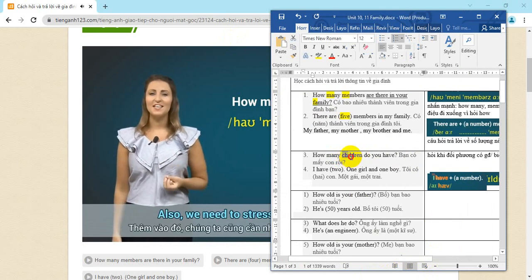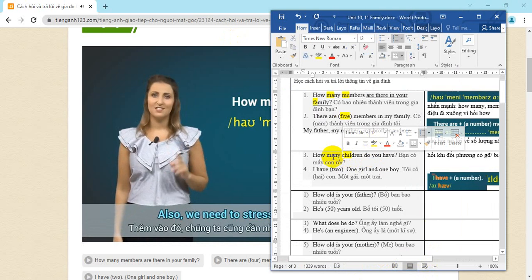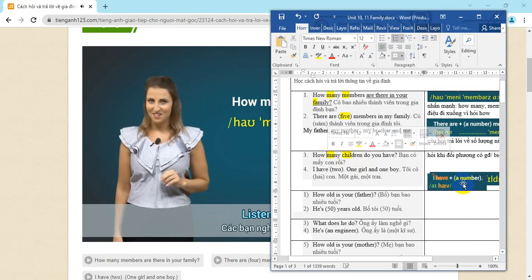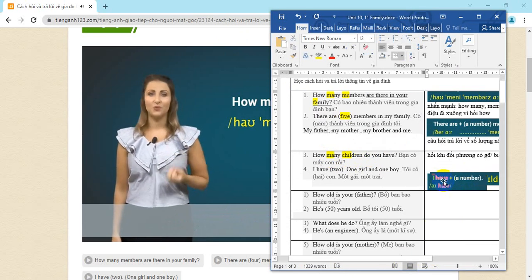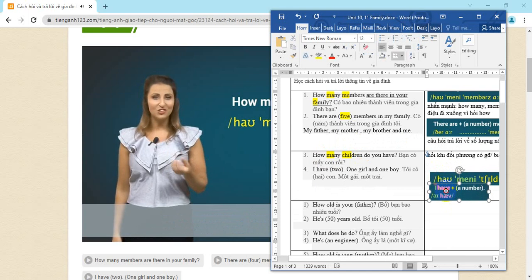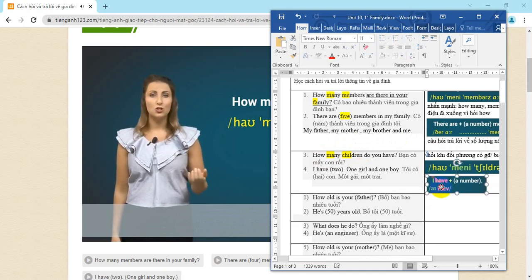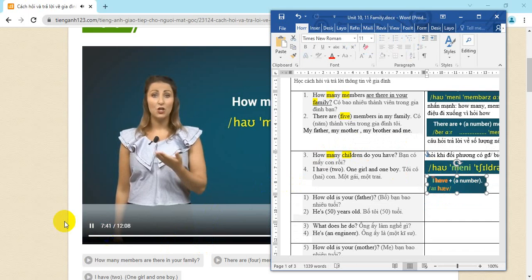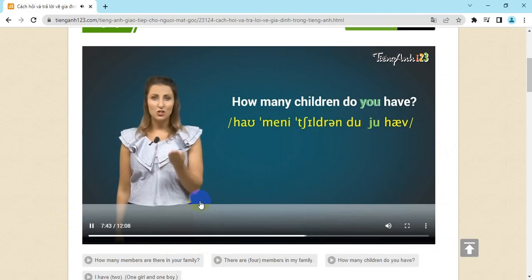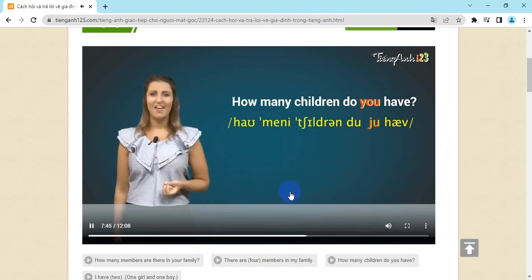Also, we need to stress the first syllable. Listen. Children. Do. You. How many children do you have?